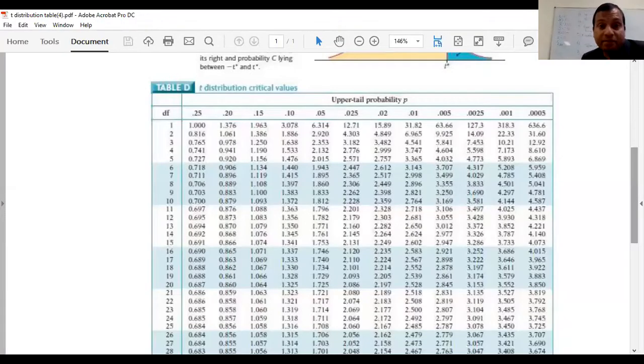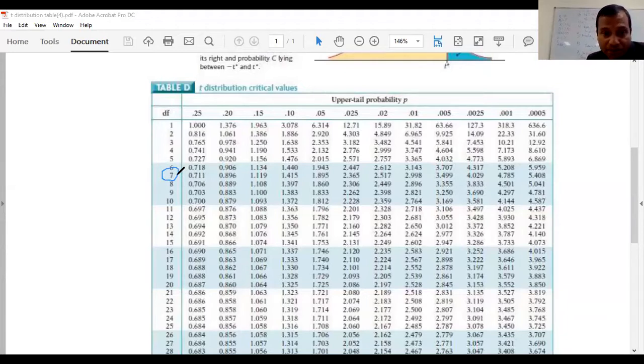Okay. So over here, degree of freedom 7. Please have a look here on the screen. Degree of freedom is 7 because the sample size is 8.